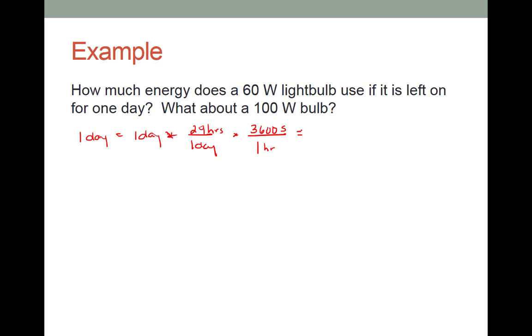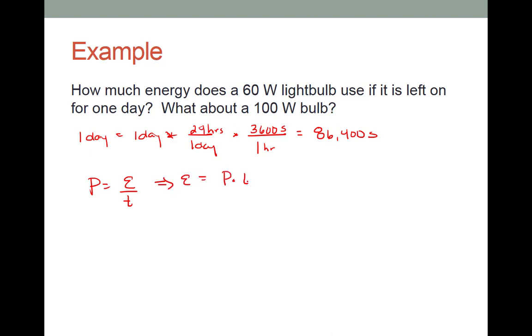So 24 times 3,600 equals 86,400 seconds.